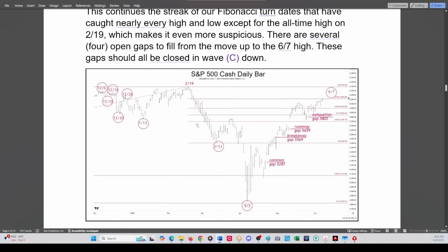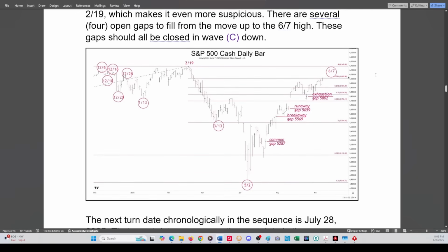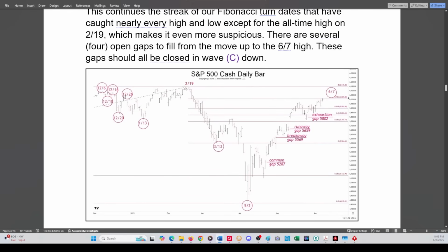You can see it's labeled virtually every high and low, except for the all-time high in the S&P, which makes it even more suspicious, like it's not real, but it's there. And we've got 4 gaps here: common, breakaway, runaway, exhaustion gap. So this move up has shown plenty of gaps. If that high holds, then these gaps will be closed. If not, where is this wrong? When it goes above the February 19 high.